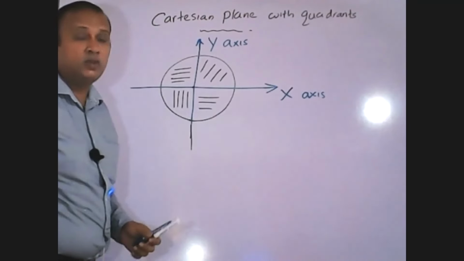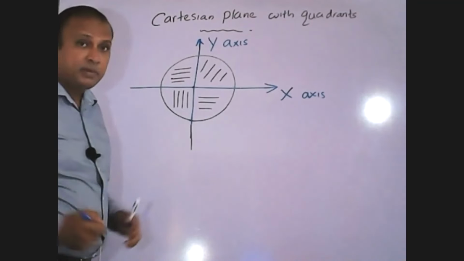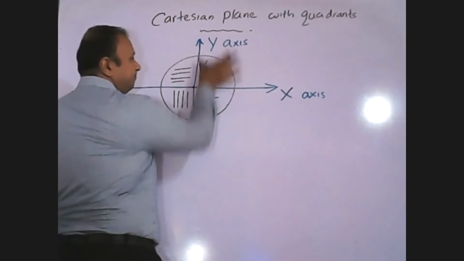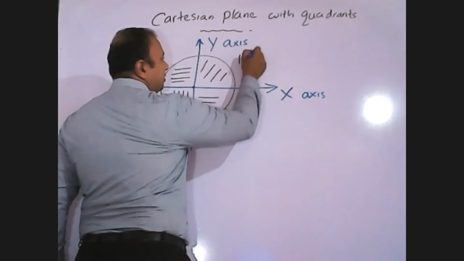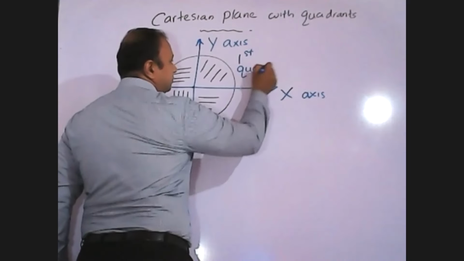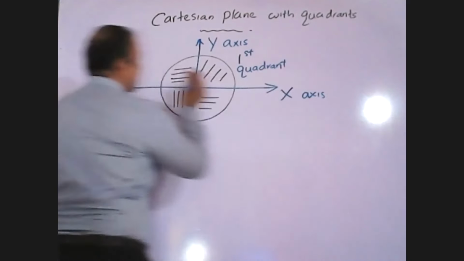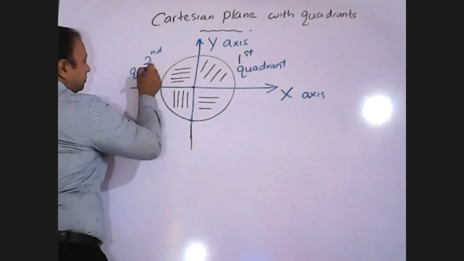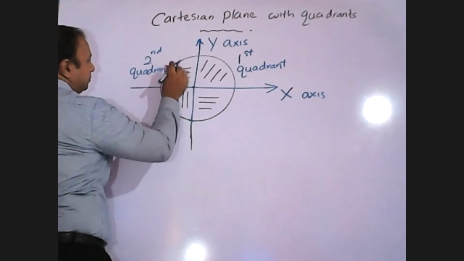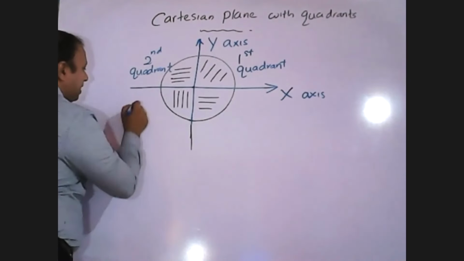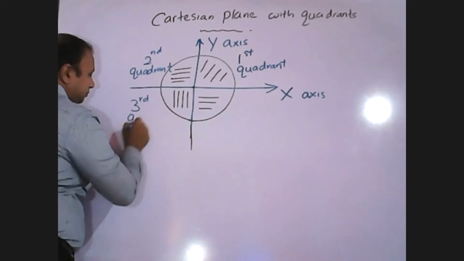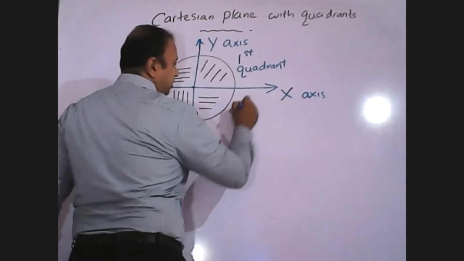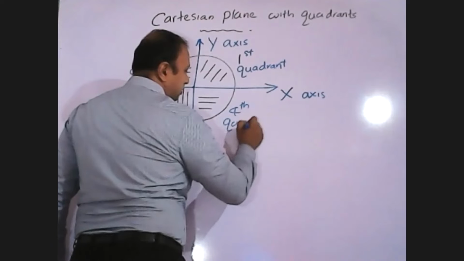According to the standard notation, this section is called the first quadrant, this the second quadrant, this the third quadrant, and this the fourth quadrant.